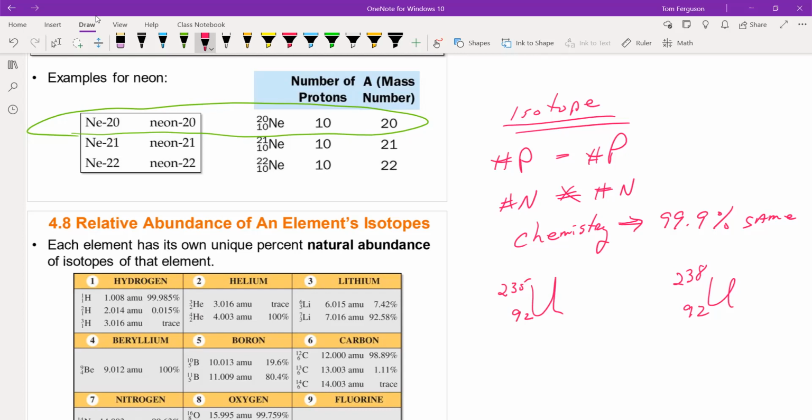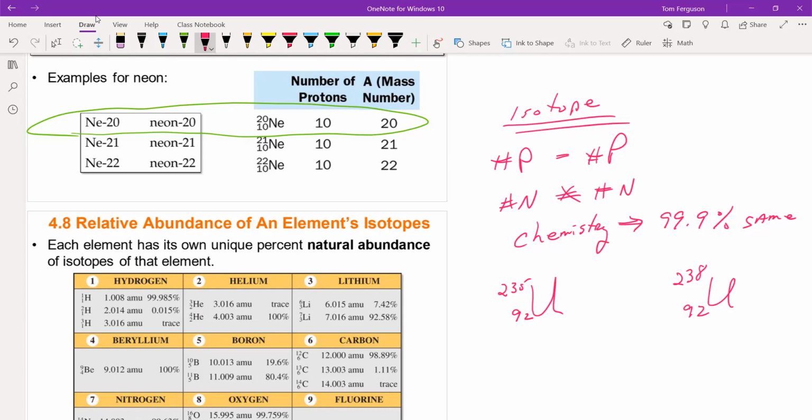Problem is, 235 is very, very rare. So back in Tennessee, they developed a big centrifuge that would be able to detect the difference between the heavier 238 and the lighter 235. So in that sense, the chemistry is different. Also, 238 is much more stable than 235. That's why there's an abundance of it.